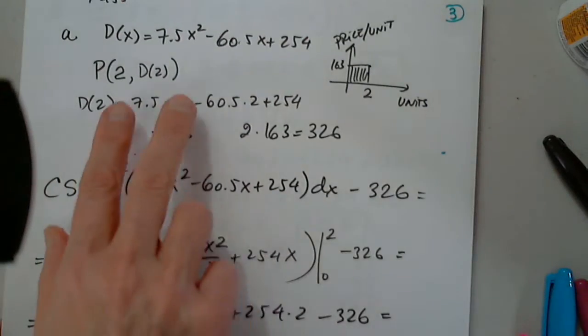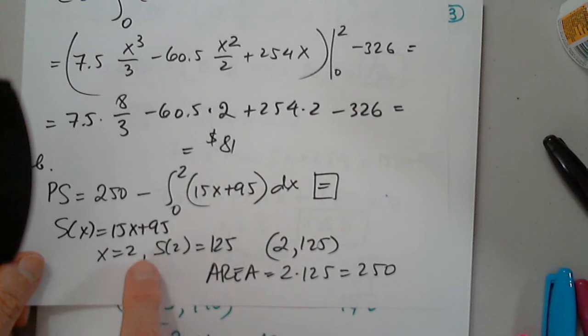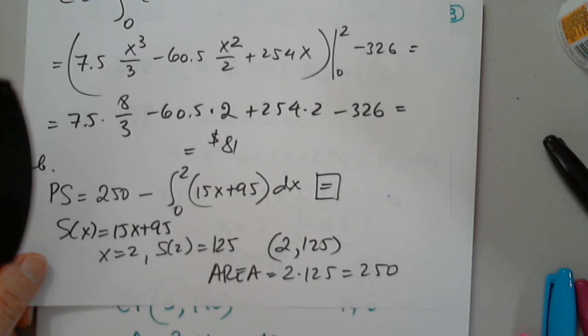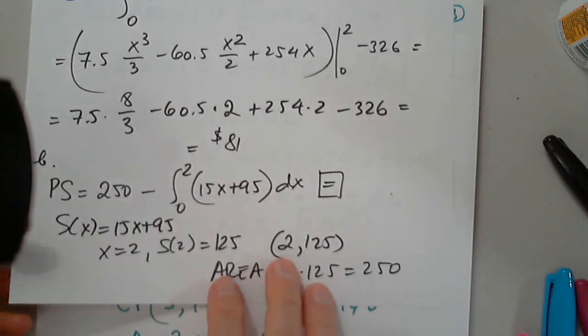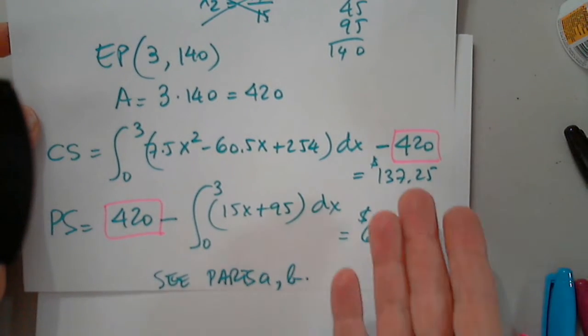This product is given by 2 times d of 2, and this number is given by 2 times 125. That's the only difference. That's why I didn't really do anything here. I just plugged them in the calculator to get these numbers.